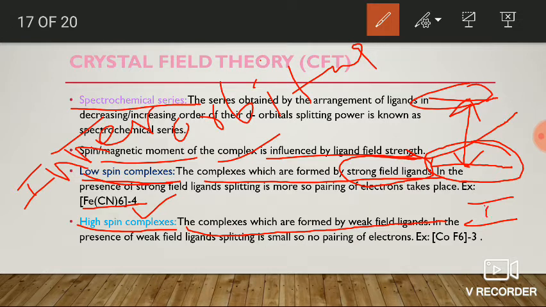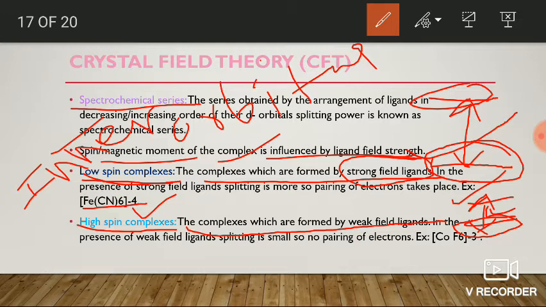Due to this small energy gap, the electrons enter both the lower energy level and the higher energy level, which are separated by a small energy gap. So there are more unpaired electrons in weak field ligand complexes, and due to the high number of unpaired electrons, the spin of the complex is also high. So these are considered high spin complexes.